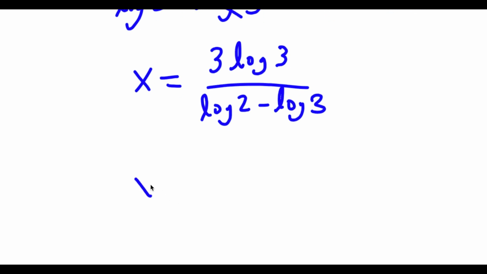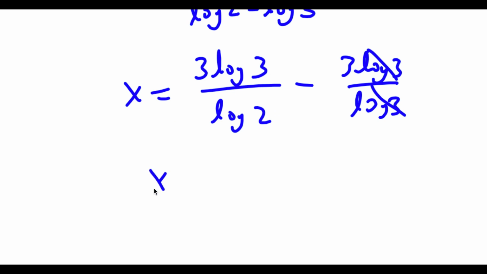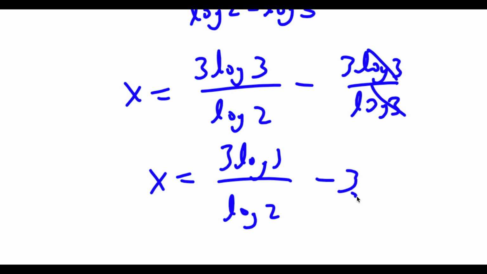Now I can rewrite this as 3 log 3 over log 2 minus 3 log 3 over log 3. So these two cancel out, and I get 3 log 3 over (log 2 minus 3).